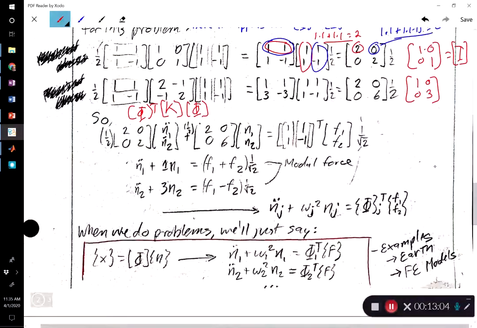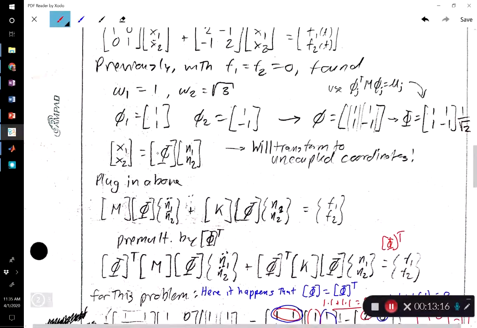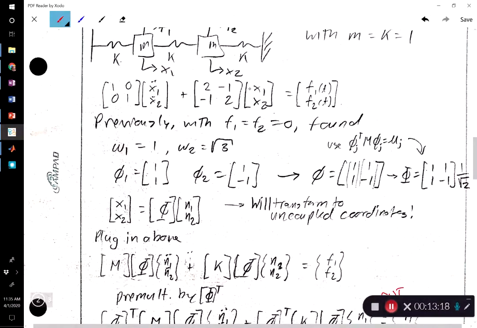So if we plug those into our equations of motion, our 2 equations are now uncoupled. See, originally we had this top equation, x1 double dot plus 2x1 minus x2 equals f1 of t.